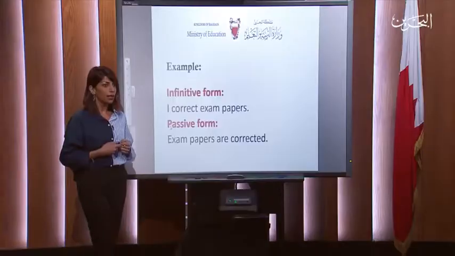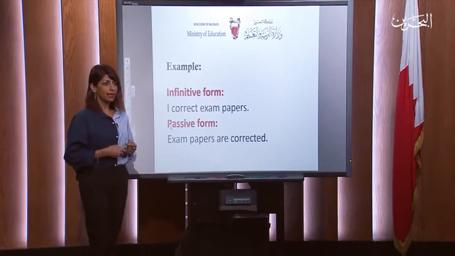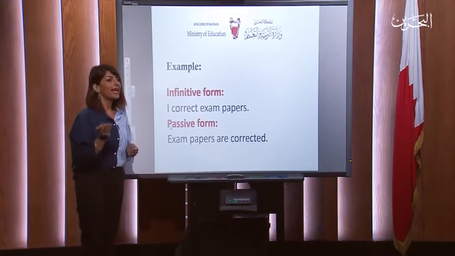Now, what happens if I transform it into passive form? Exam papers are corrected. The thing that I did is I have cancelled the subject or the doer. Instead of saying I correct, I just say that the exam papers are corrected without specifying who is the doer.